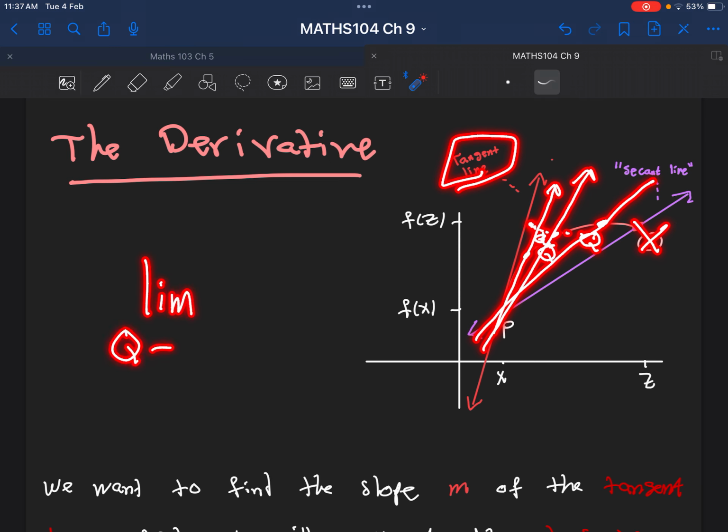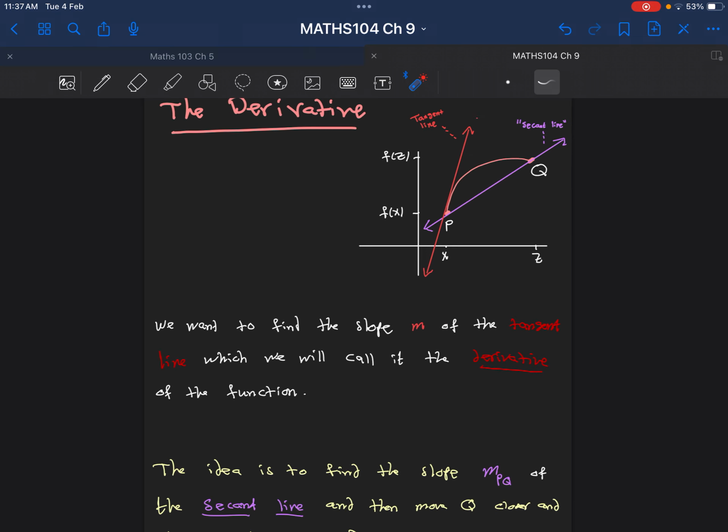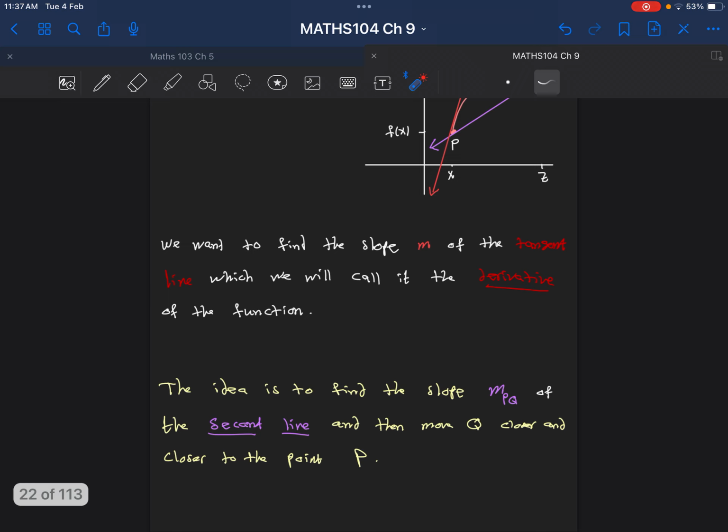So if I take the limit as Q goes to P, which means z close to x, I will get this slope easily. The idea is to find the slope of the secant line and then move Q closer and closer to the point P.